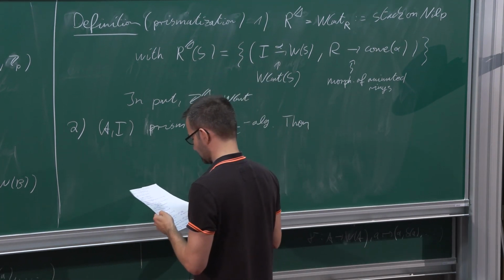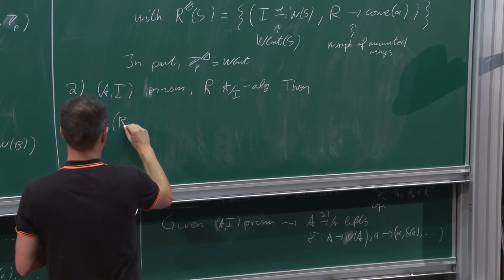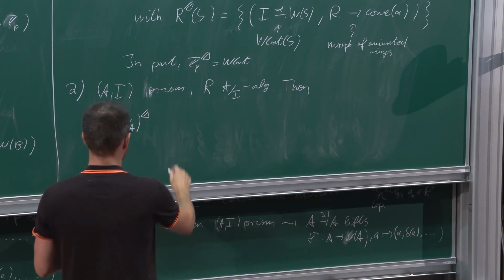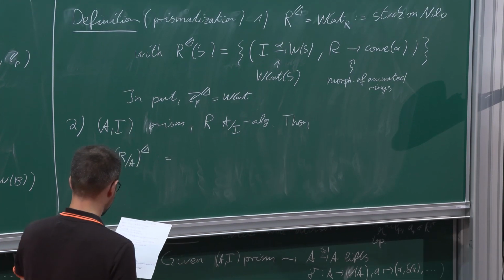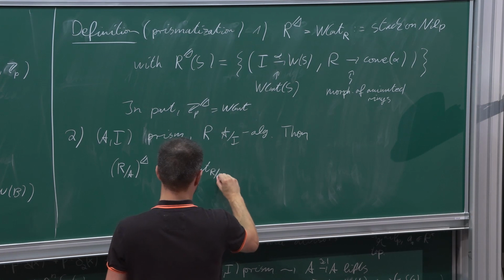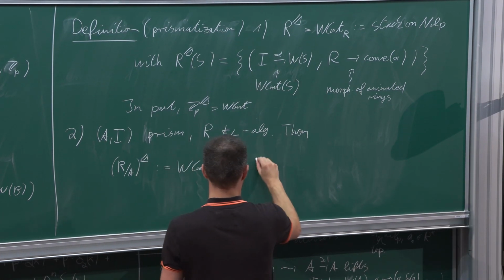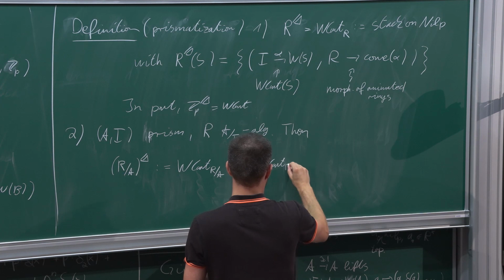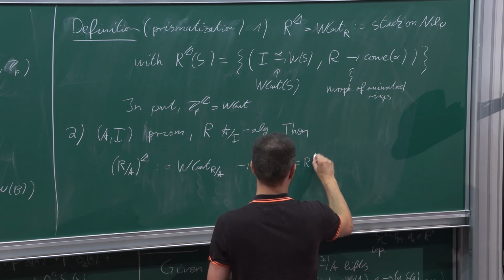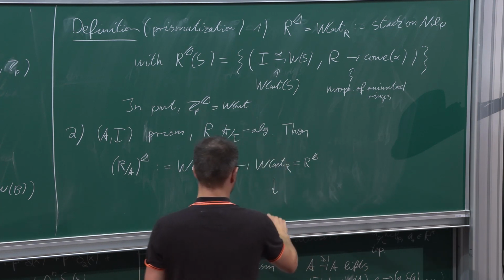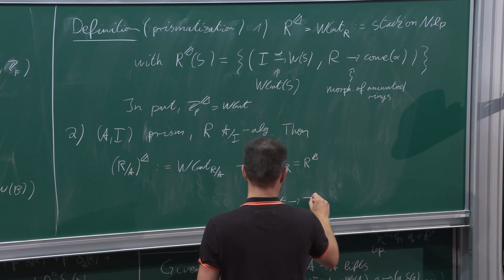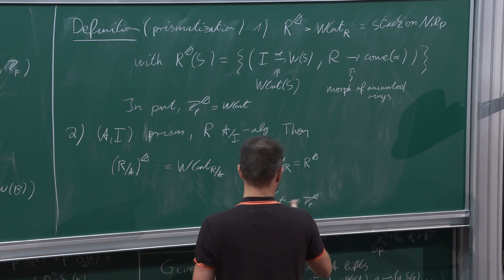Then what we can define as the relative prismatization is defined to be the fiber product of the prismatization of R over the prismatization of Z_p, which is just the Cartier-Witt stack.